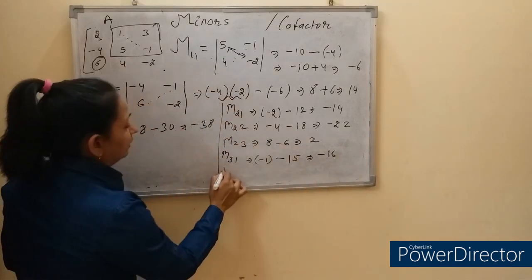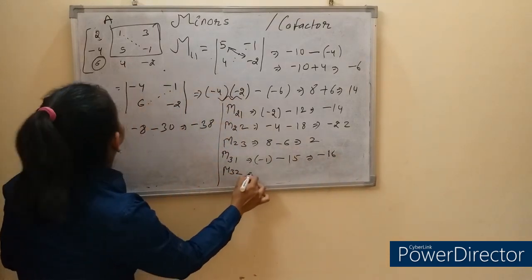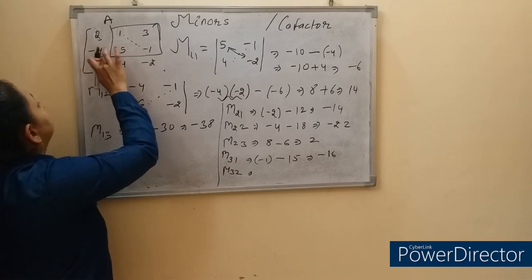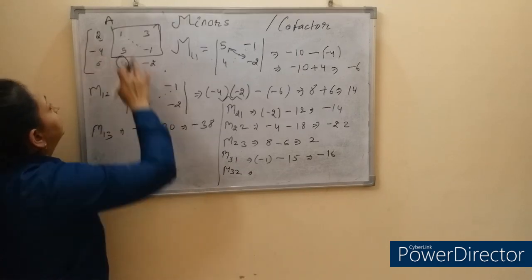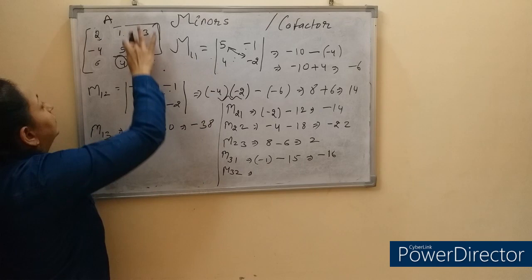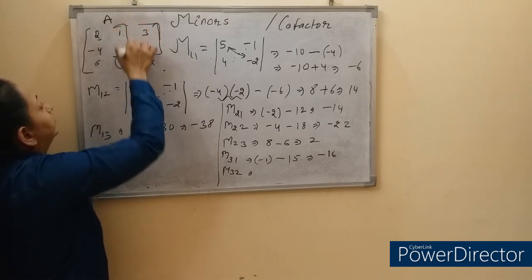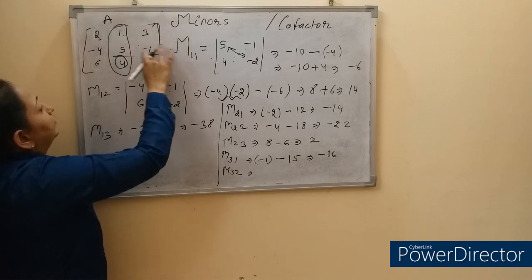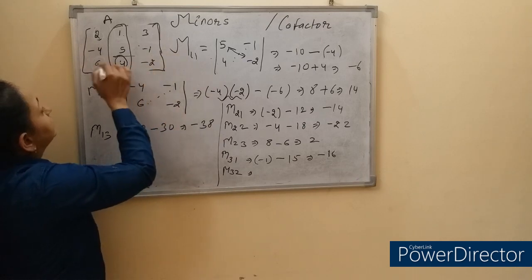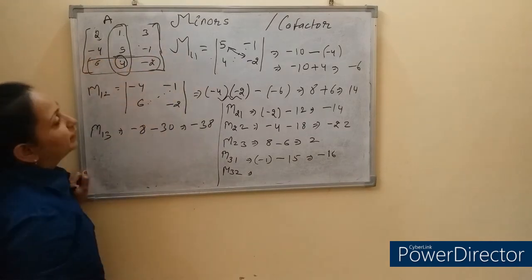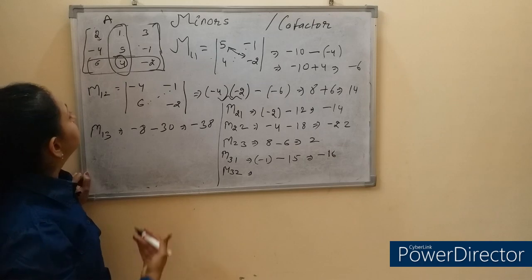Okay, and M32. The second element in the third row, this one. So I will eliminate the second column, and I will eliminate the third row. If I eliminate these row and column, what will I get?